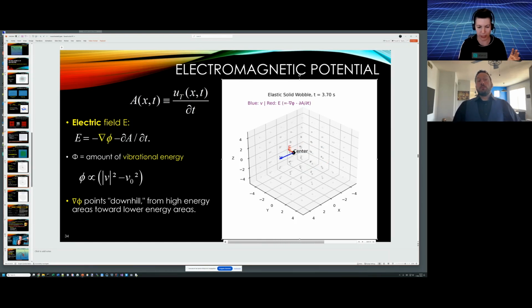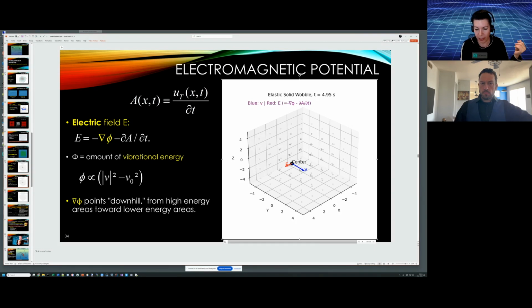Okay, we have to take this apart a little bit. So if you look at this pudding here, this hula hoop, in the middle we have more motion. The Smarties are moving around more than they are far away on the outside. So in the middle, we have more of this vibrational energy than at the outside.